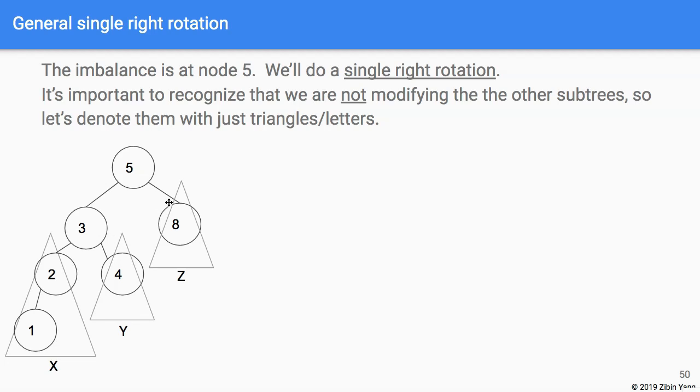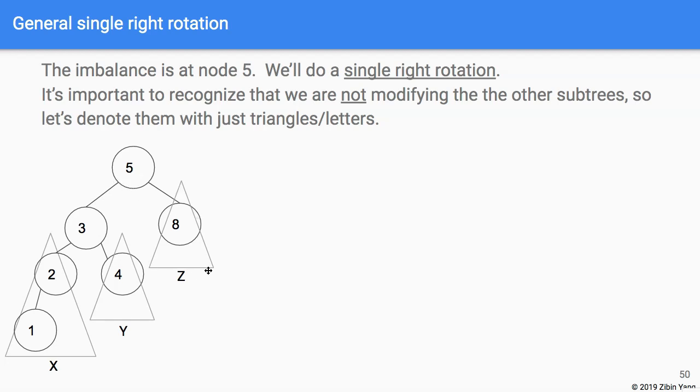For example, anything in the right subtree of 5, we're not going to change anything in there. In this case it only has one node, A, but imagine there are more nodes in here. We're not going to change any of them, because, remember, if we handle the left case, we only change one edge.